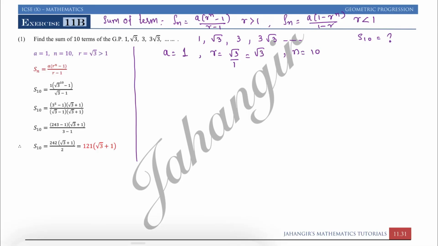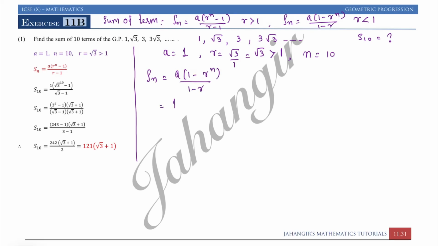So first we will say root 3 is greater than 1, because as we know the value of root 3 is 1.732, which is greater than 1. So here r is greater than 1 and n is equal to 10. Now first, the formula a into 1 minus r raised to n upon 1 minus r.